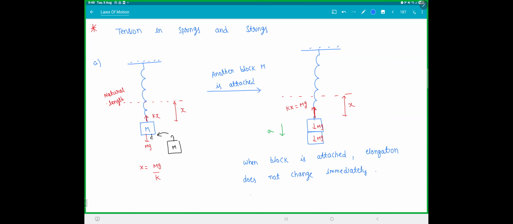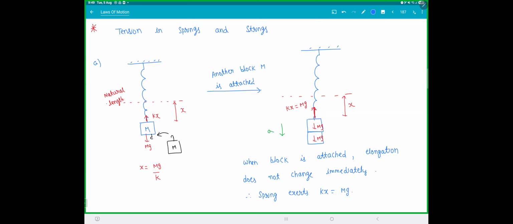Therefore, the spring will continue to exert mg only. Is this clear, everyone? Spring doesn't care with how much force you pull it. Spring will only ask one question: what is my elongation or what is my compression? x. So k into x is my force.